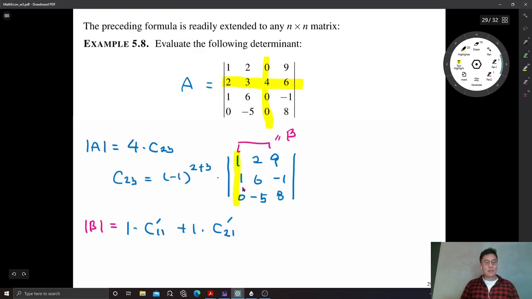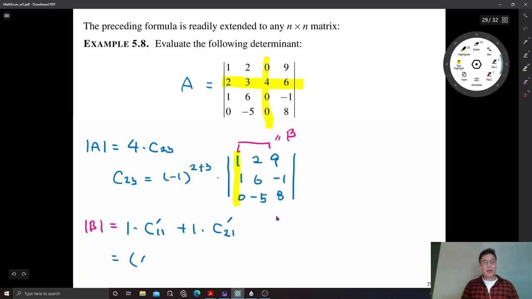All right, and C sub 1,1 prime is, now we eliminate the first row and first column, then we are left with this 2 by 2, and the computation of a 2 by 2 matrix's determinant is easy, just do cross product and make difference. Okay.